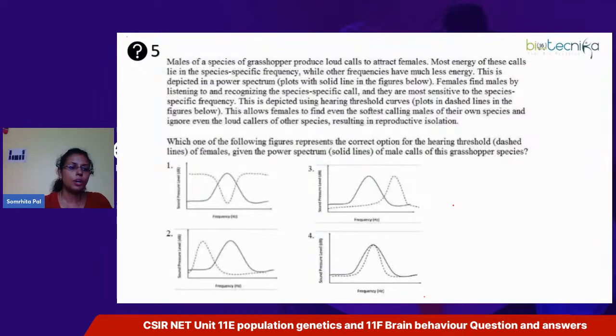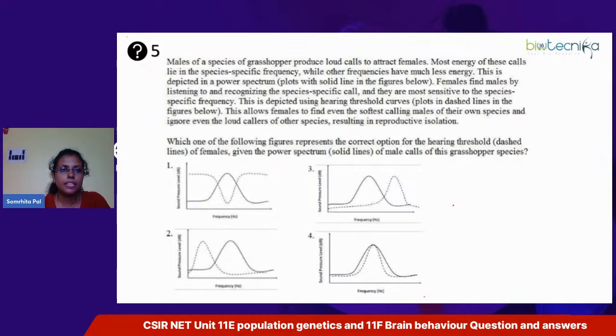All right, moving to question number 5. They are saying males of a species of grasshopper produce loud calls to attract females. Most energy of these calls lie in the species specific frequency, while other frequencies have much less energy.